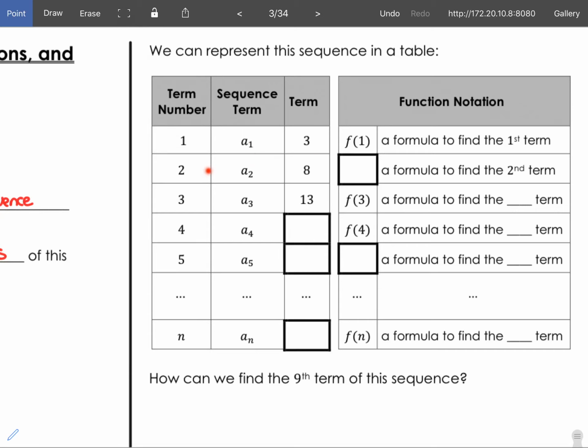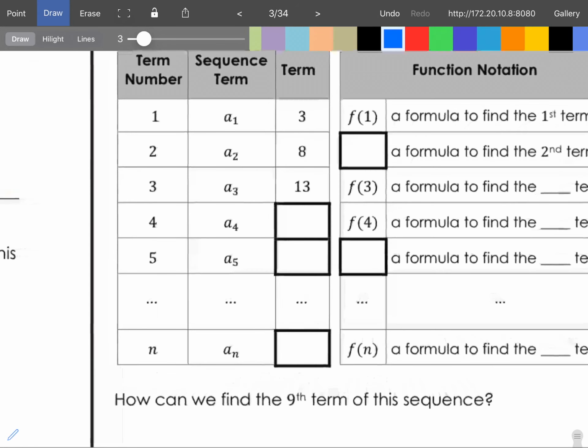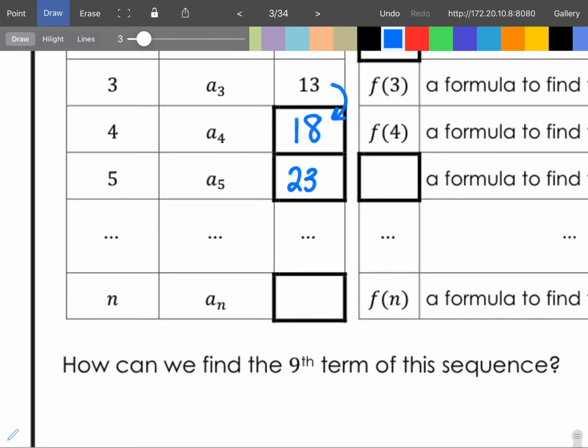Then our second term, a sub 2, is 8, and so forth. We know that our fourth term, a sub 4, is 18, and if we want to, we can look back at the previous term, which was 13. We know that we're adding 5, so we get 18. And then our 5th term, add 5 more, and you get 23. And then you can keep going. So basically, we know that we're adding 5 to our previous term.